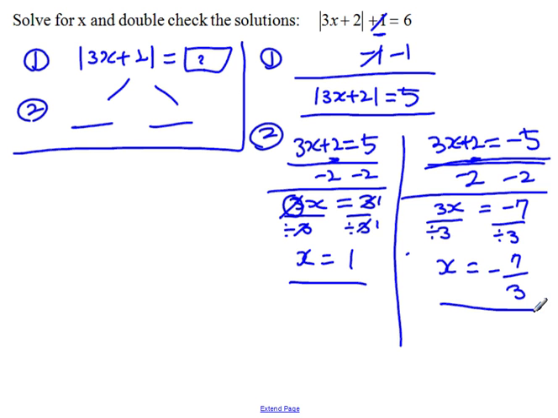Now the second part of the question asks us to double check the solutions. So we need to check these two solutions. How do you check the solutions? We plug the numbers into the original equation and then check if the equation is satisfied or not.